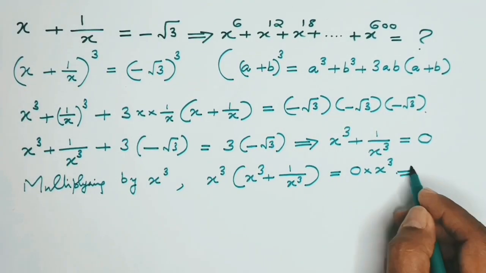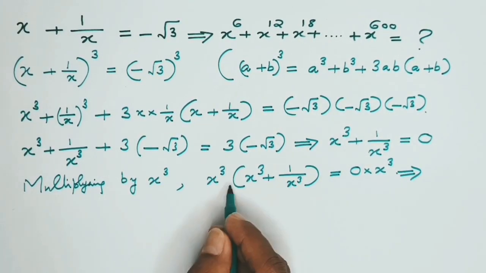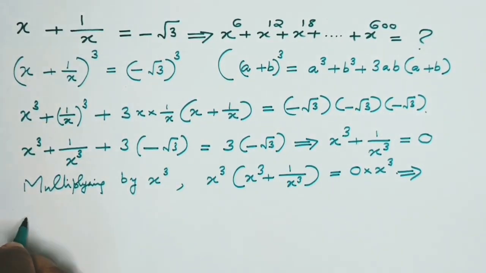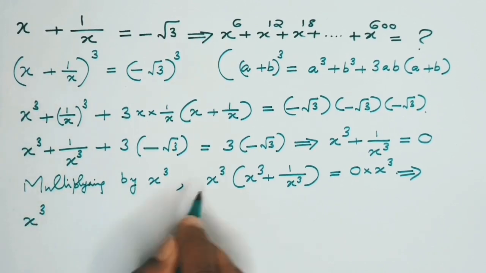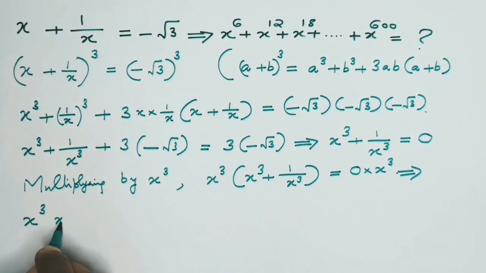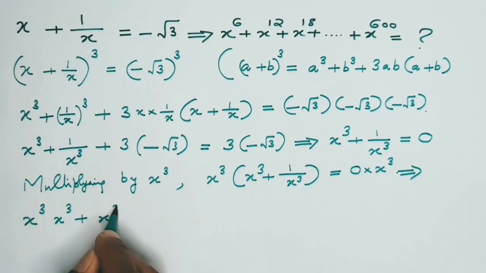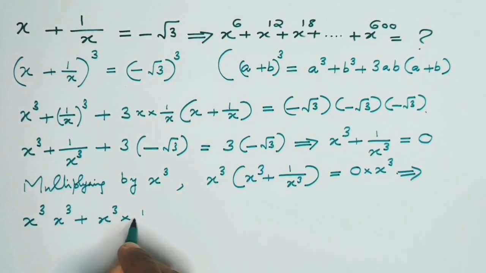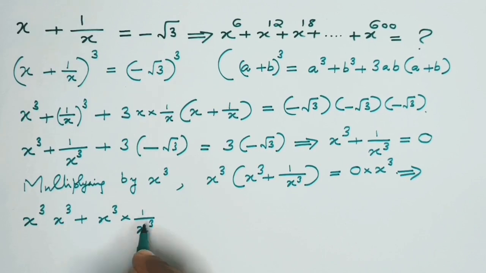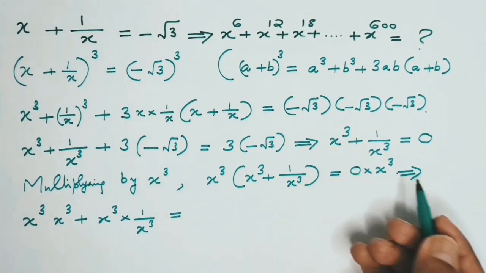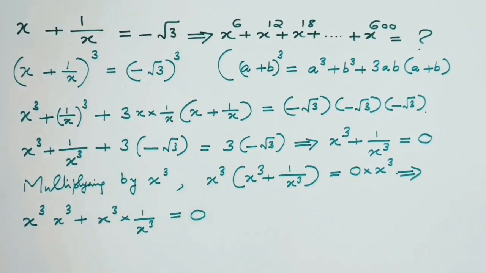This implies we will distribute x cubed to each of the terms inside. So you have x cubed multiplied by x cubed plus x cubed multiplied by 1 over x cubed equals 0 into anything, we know 0.